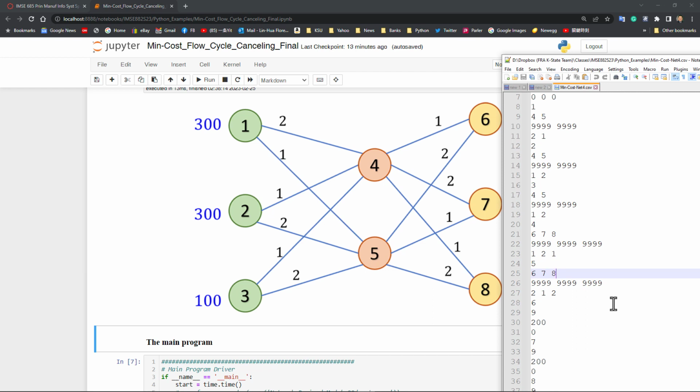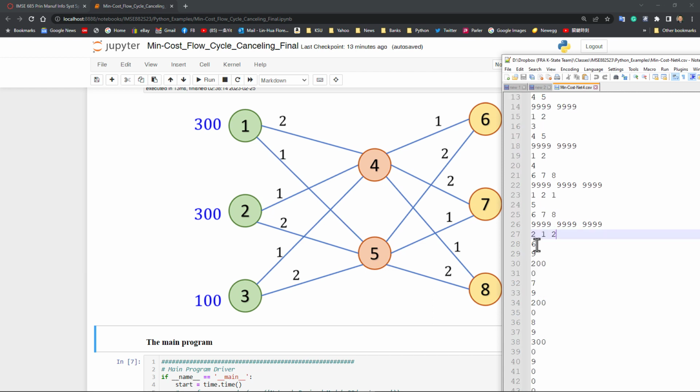It's also going to node 6, 7, and 8 without any upper bound capacity and the corresponding flow cost.